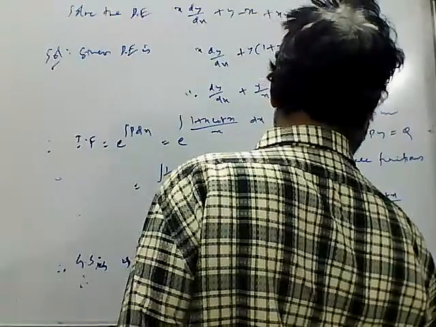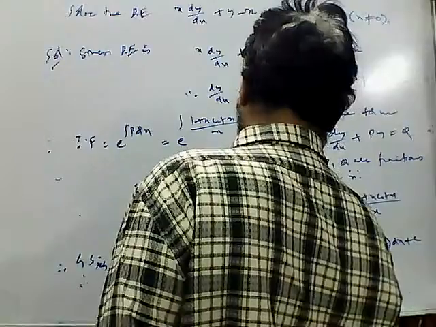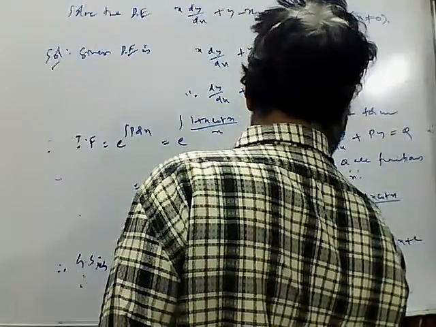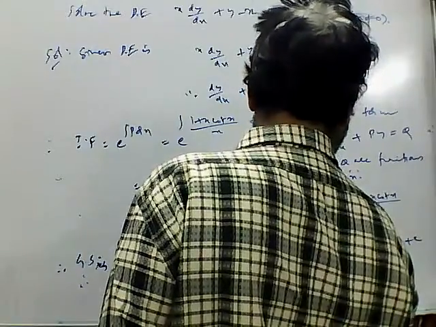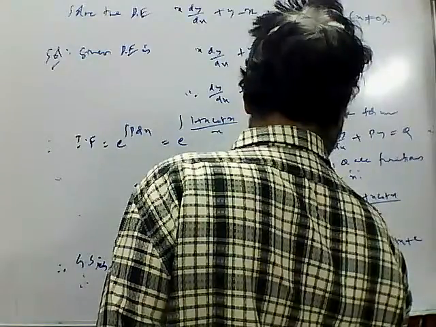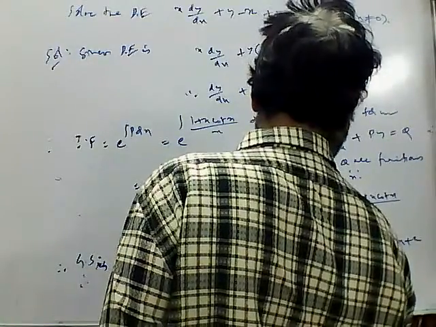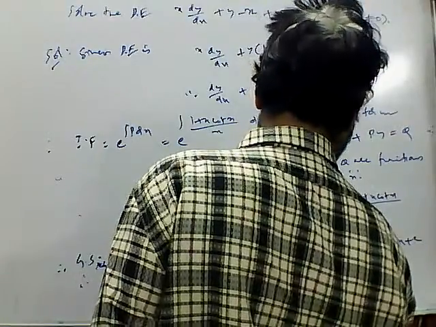Again, you have to solve this using integration by parts: this is u, this is v. So xy sin x is equal to u into integral of v dx, so x into -cos x minus integral of -cos x dx, plus c. That is equal to -x cos x + sin x + c.